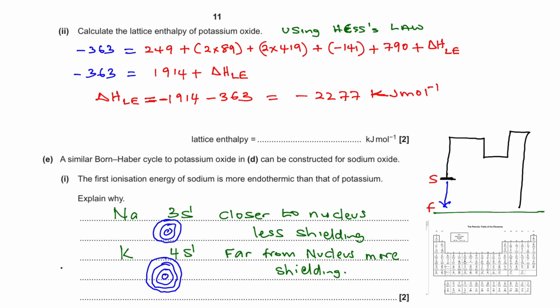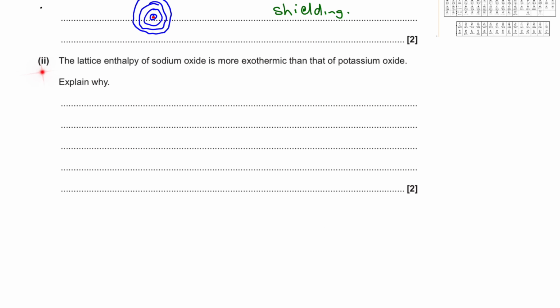You can see in the center is the nucleus. That's the nucleus there. You can now see that the potassium is far from the nucleus and sodium is closer to the nucleus. So the ionization energy for sodium will be more than the first ionization energy of potassium. That's E part 1.